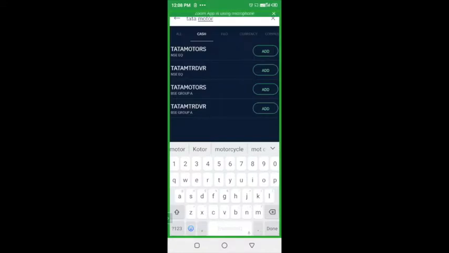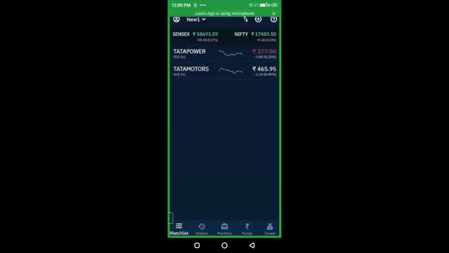Can you guys see it? In NSE as well as in BSE. Always it's better to go for NSE, so select NSE. So it's added. Next we can select another stock. So we can select the NSE one again. So you have finally added the stocks to your watch list.